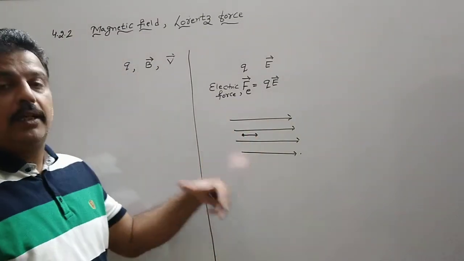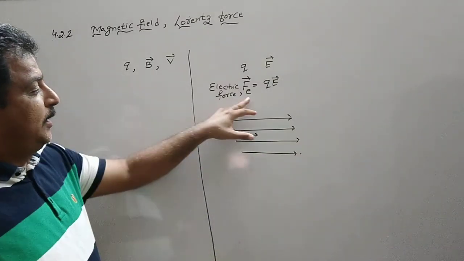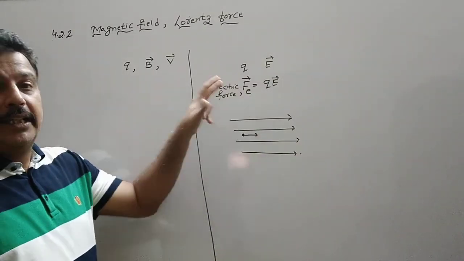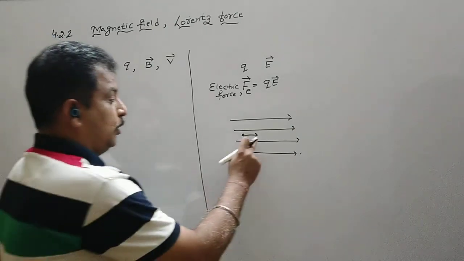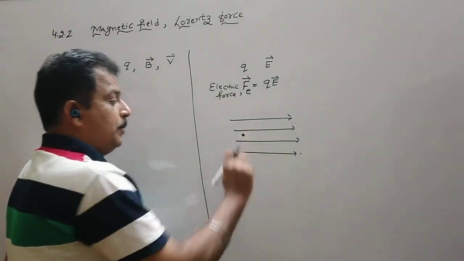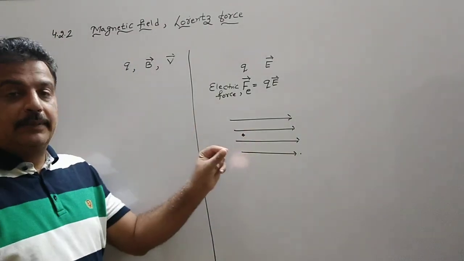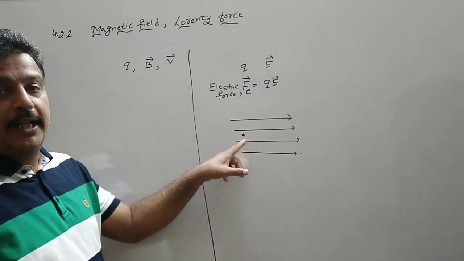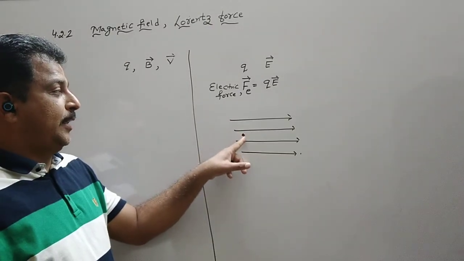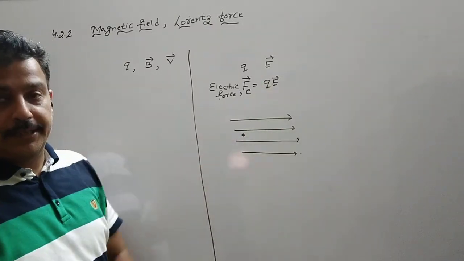It can also be moving. We have seen this force was an electrostatic force, the charged particle in chapter 1 was considered at rest. So the charge was at rest and the force acting was QE.